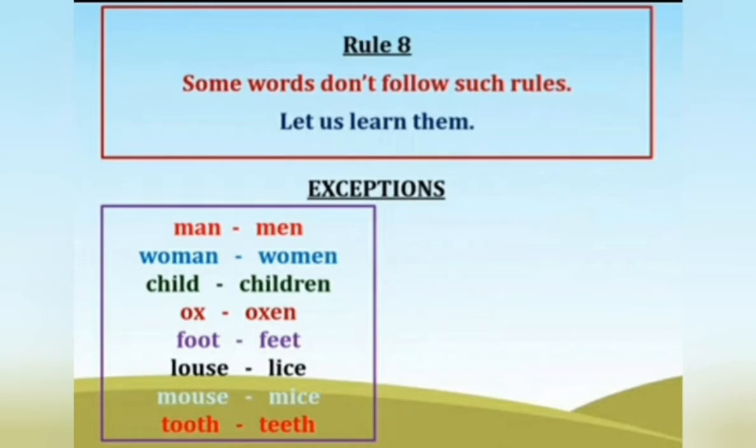Here we have some examples like man, men, woman, women, child, children, ox, oxen, foot, feet, louse, lice, mouse, mice, tooth, teeth. So students, these are some words that are exceptions and they don't follow rules. So you have to learn these words.